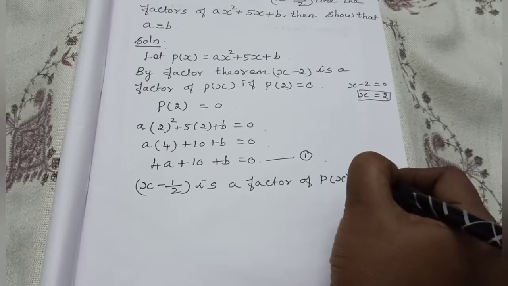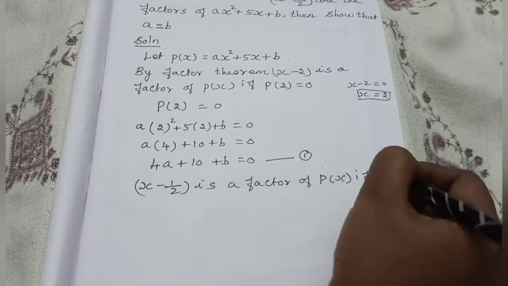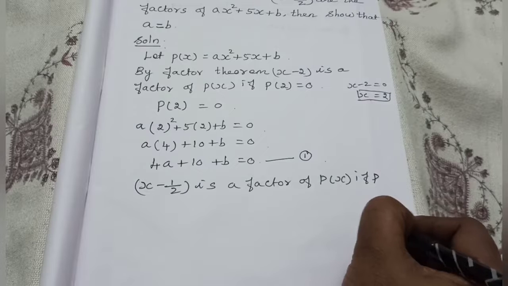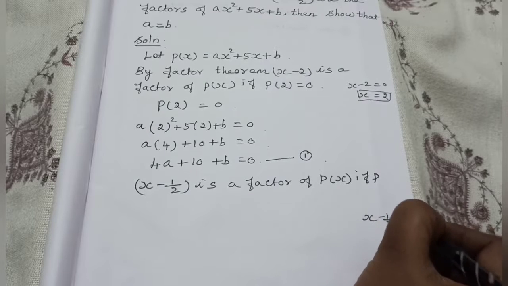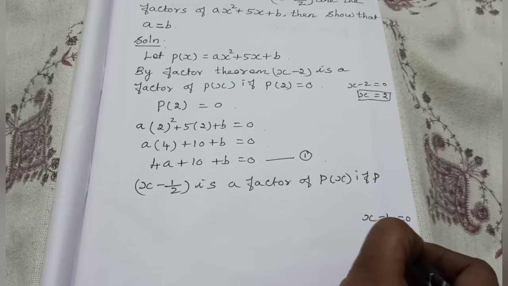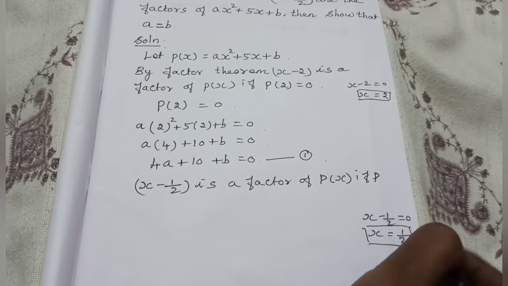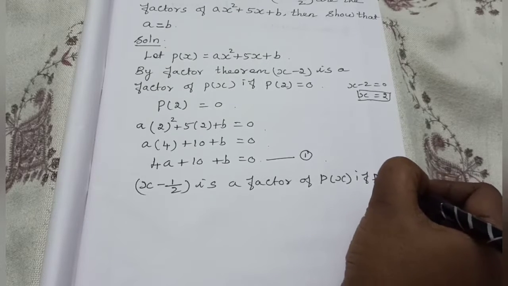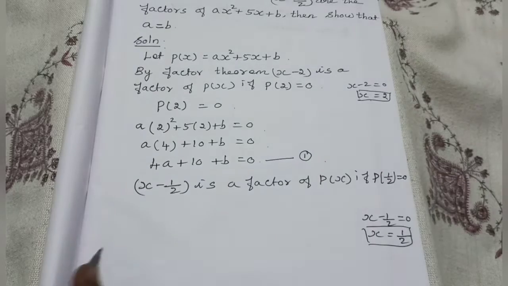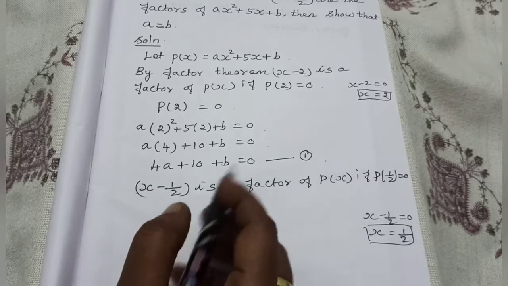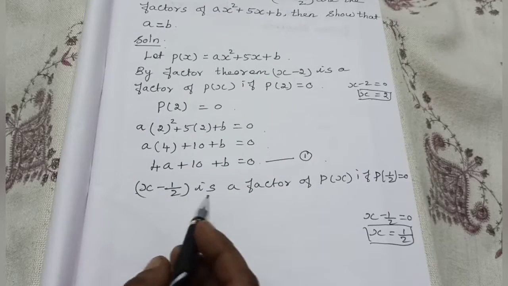Here x minus 1 by 2 equal to 0, therefore x equal to 1 by 2. Then p of 1 by 2 equal to 0. This means it is a factor, and in the question itself this factor is given.